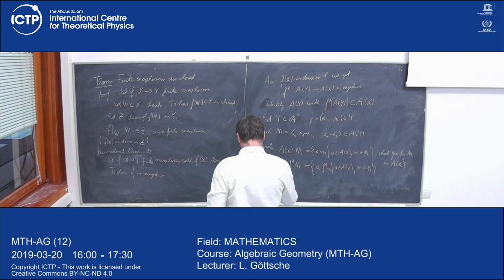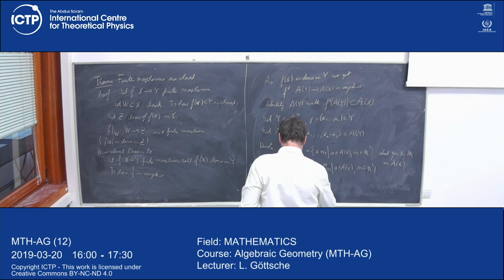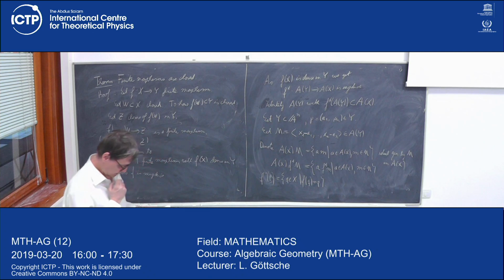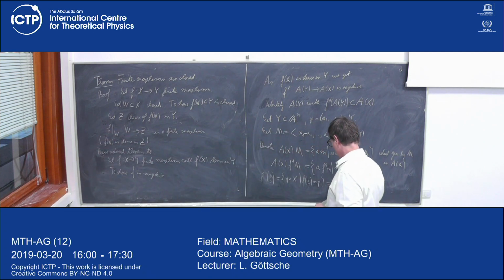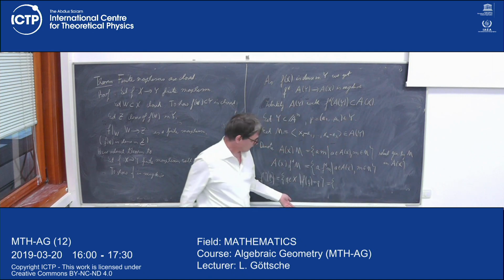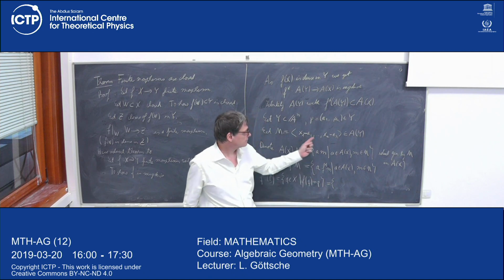If I take f to the minus 1 of P, this is the set of all Q in X such that f of Q is equal to P. Well, how can I check that f of Q is equal to P? It has to satisfy these equations.